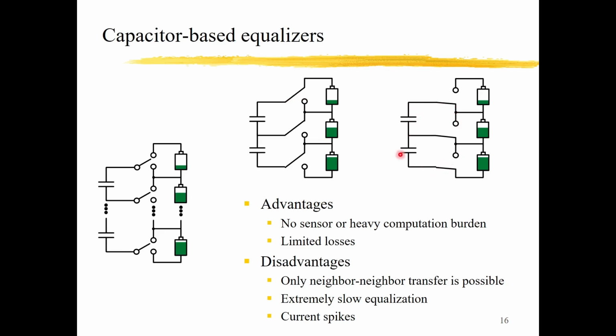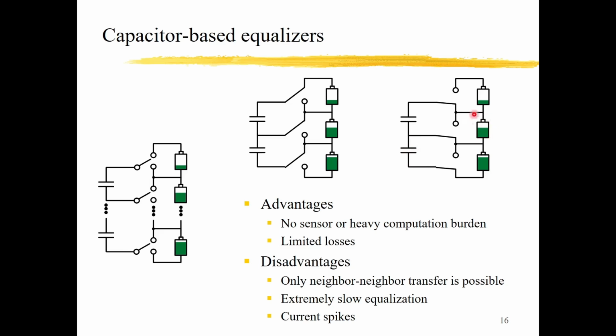Then the capacitors are attached to the lower batteries, and because originally the capacitor voltage is lower, the battery will supply its charge or energy to the capacitor. The same situation happens in this capacitor.